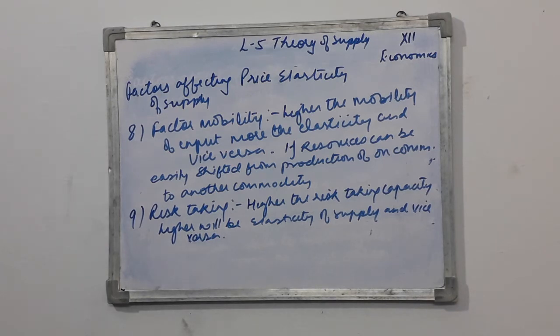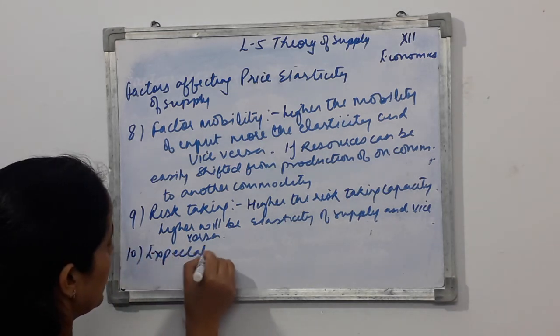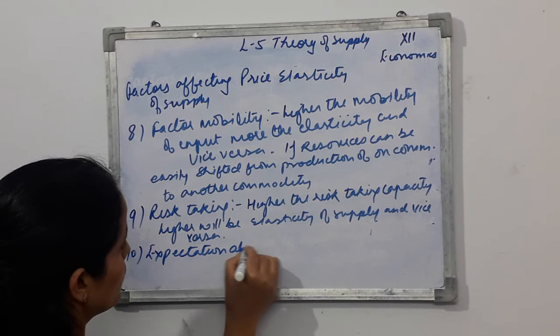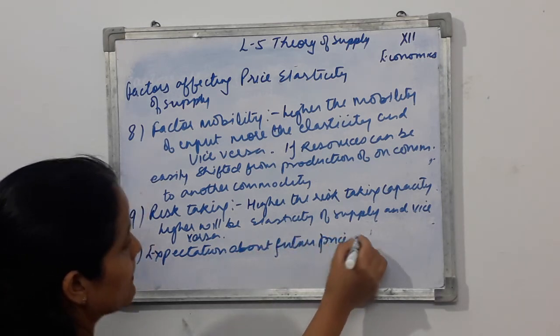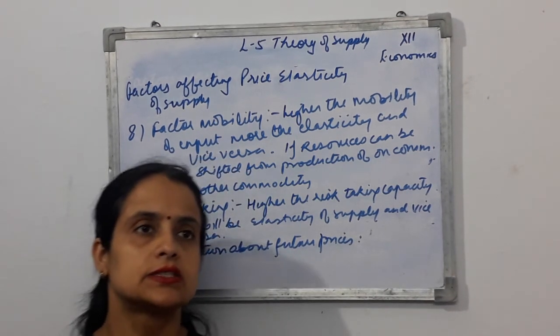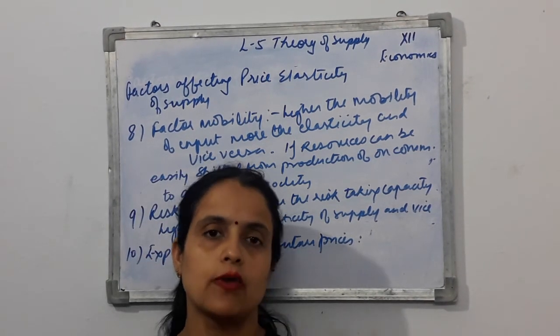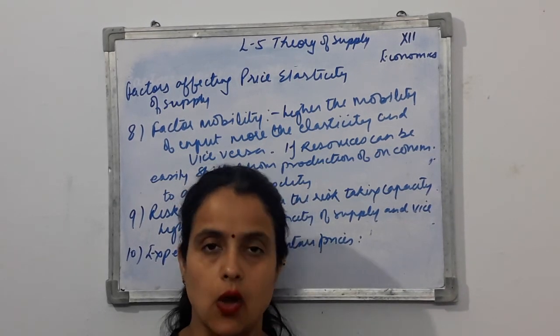And the last factor which affects the elasticity of supply is expectation about future prices. Now what happens here? If the producer has the expectation that the price of a certain commodity is going to rise in the near future, then obviously he is going to reduce his production right now, right?